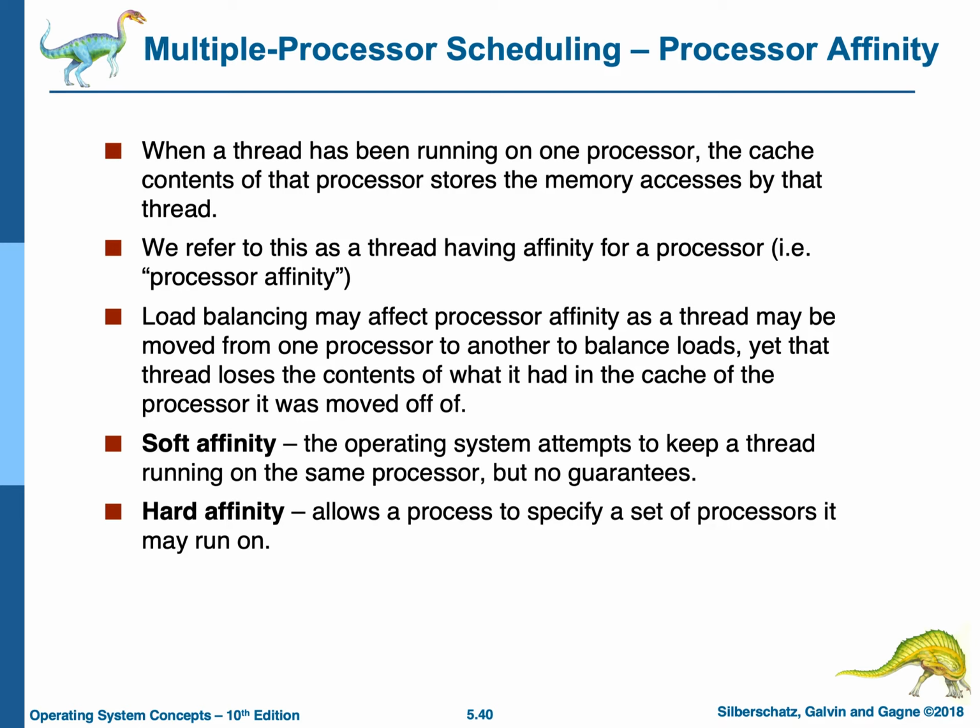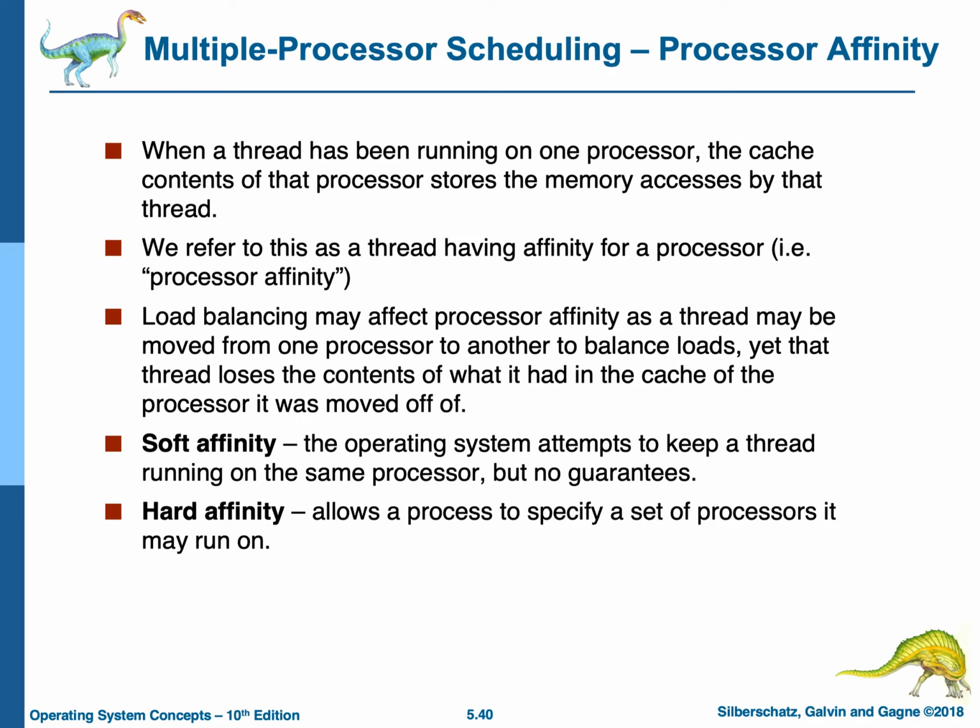So there are two types of affinities. The first one is soft affinity, and another one is hard affinity. In soft affinity, a processor or operating system tries to keep a thread running on the same processor, but it does not guarantee it.